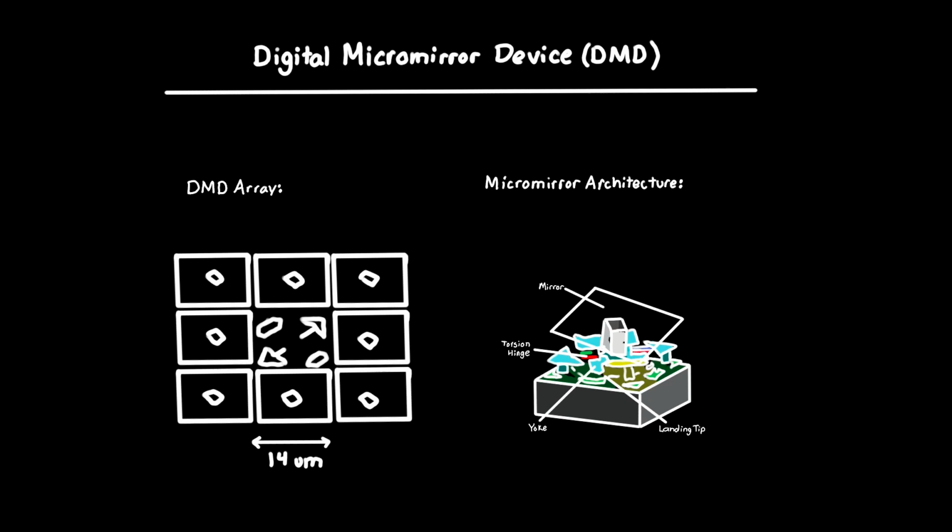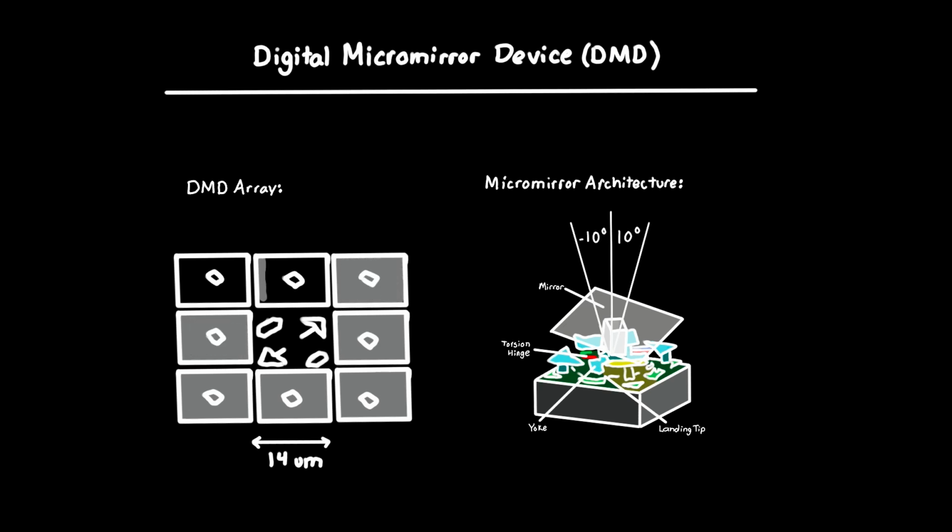DLP projection starts with white light being generated from a lamp or laser diode. The light travels through the light pipe that includes an integrator rod, relay optics, and folding mirror.